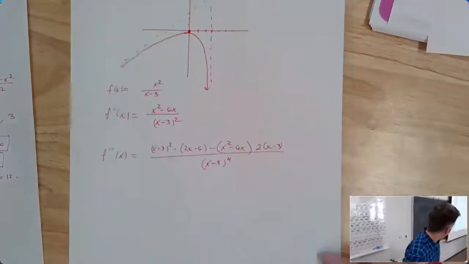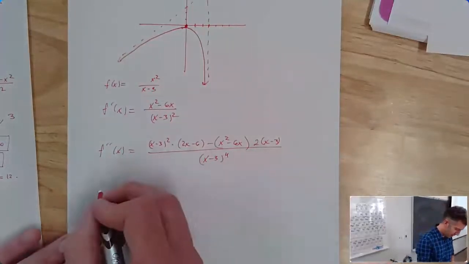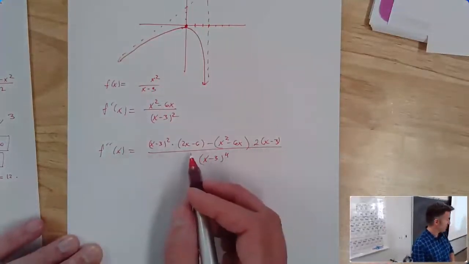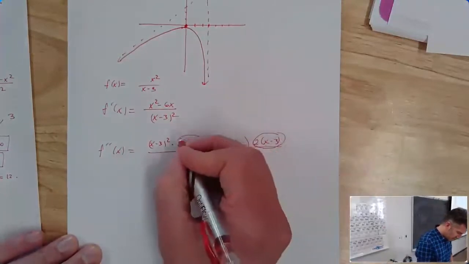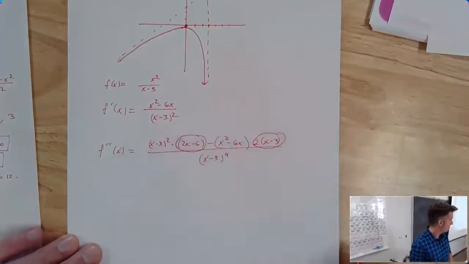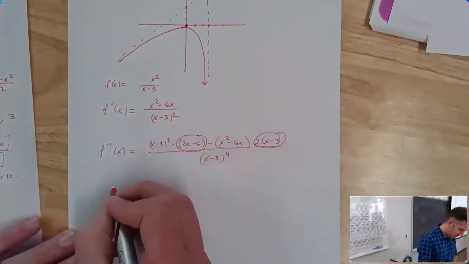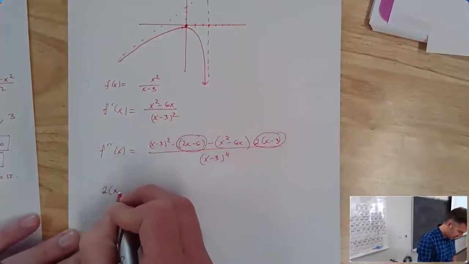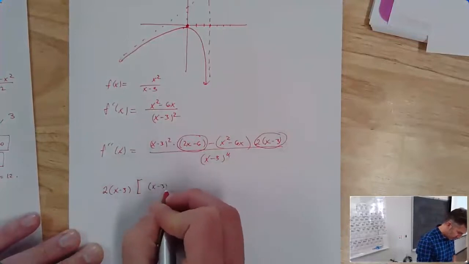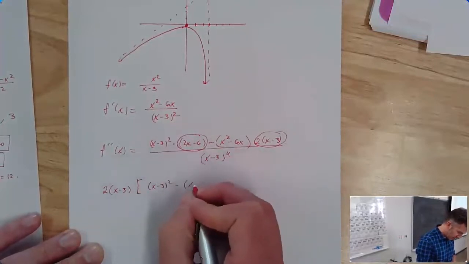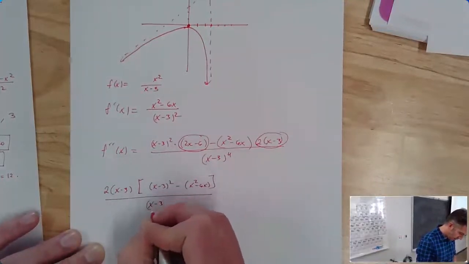Well, let's simplify that. I can factor out an x minus 3 from the top. Actually, I can factor out 2 times (x minus 3). Here's a 2 times (x minus 3), and here's a 2 times (x minus 3). I know there's one there too, but use that one. Why not? So I'm left with 2 times (x minus 3) times (x minus 3) squared minus (x squared minus 6x), all over (x minus 3) to the 4th.